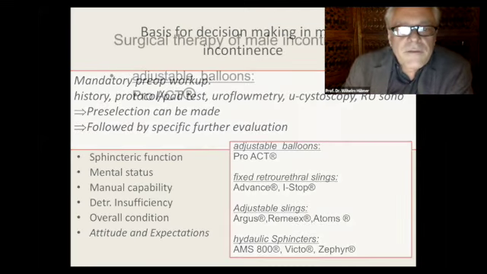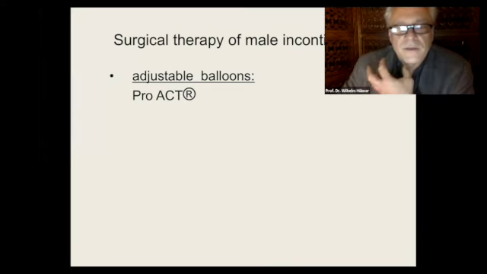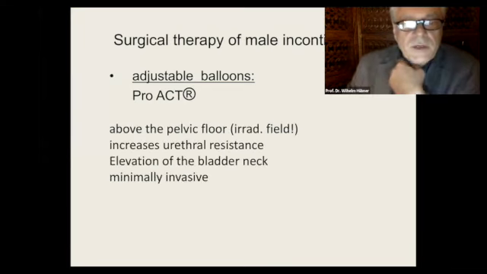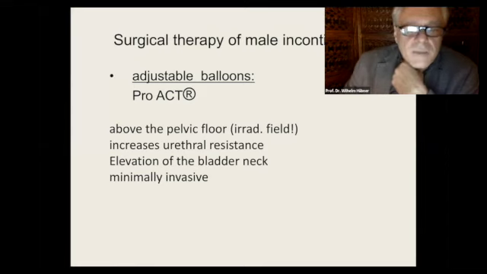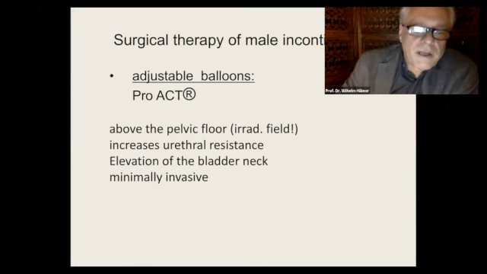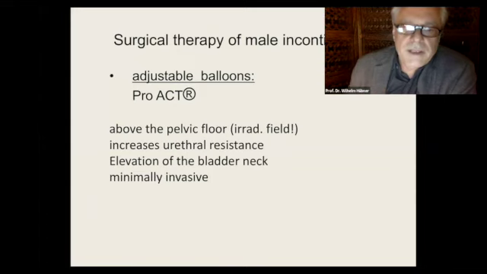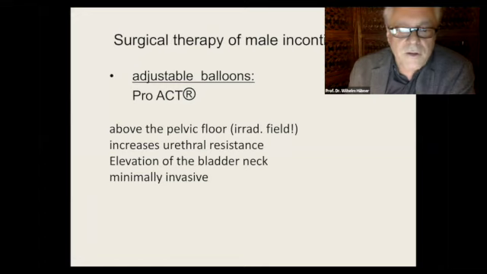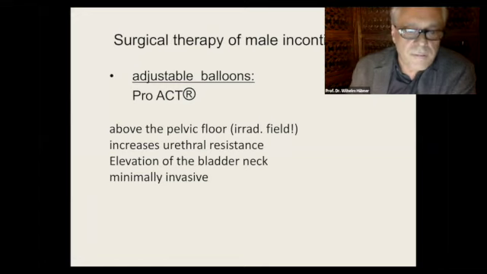Now, they work in different ways, but what are the characteristics that you need to make a decision which one to use? The adjustable balloons are located above the pelvic floor. That means if there is irradiation, they're completely in the irradiation field. Therefore, they are contraindicated because they usually erode into the bladder or the urethra. The PROACT balloons increase the urethral resistance.